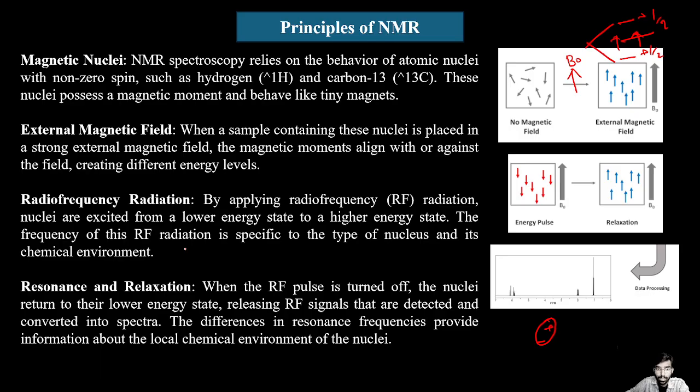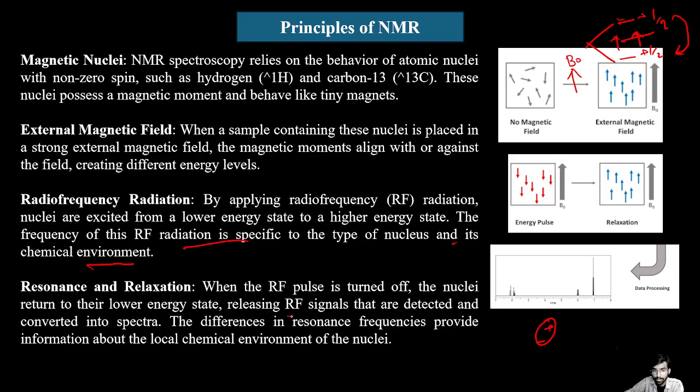And the frequency of the RF radiation is specific to the type of nucleus and its chemical environment. That's very important. So what will be the frequency of the RF radiation? That depends on the nucleus and the surroundings, like the surrounding electron density and surrounding functional groups in a broader sense, right? And then when the RF pulse is turned off, the nuclei come back from the excited state, and they release some RF signal.